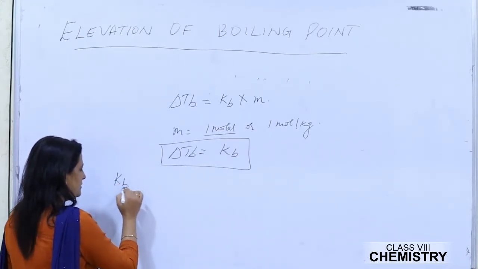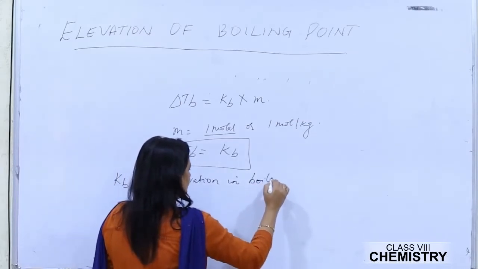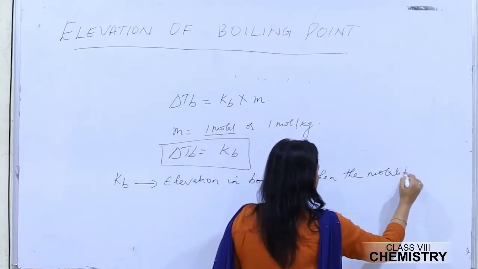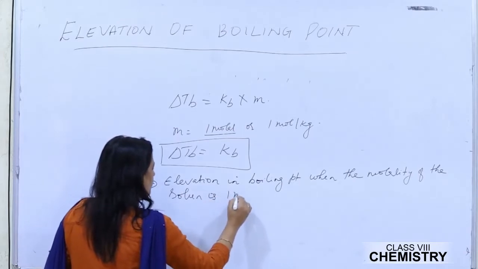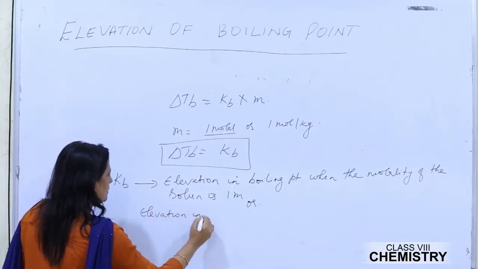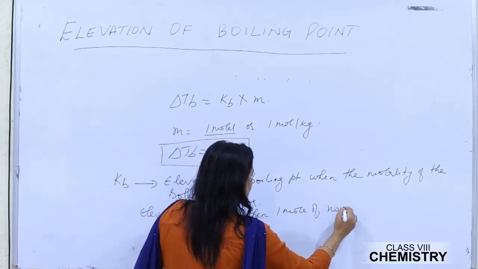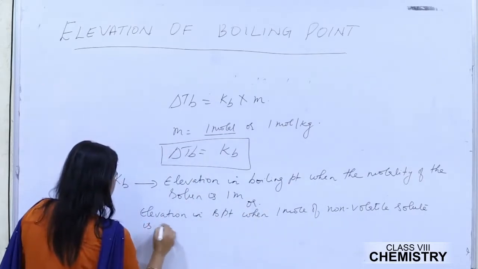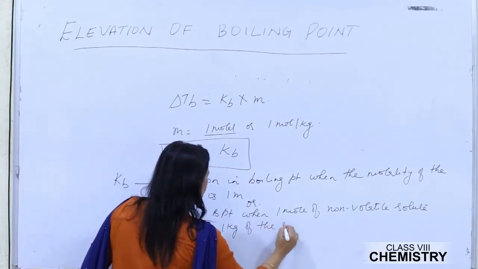So, Kb is the elevation in boiling point when the molality of the solution is 1 molal, or it is the elevation in boiling point when 1 mole of non-volatile solute is dissolved in 1 kg of the solvent.